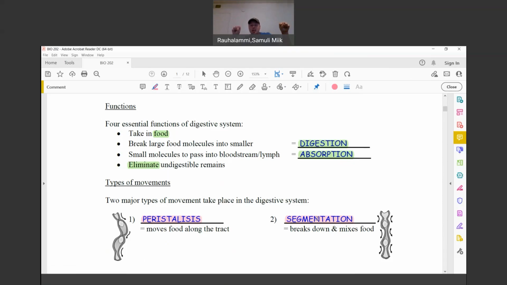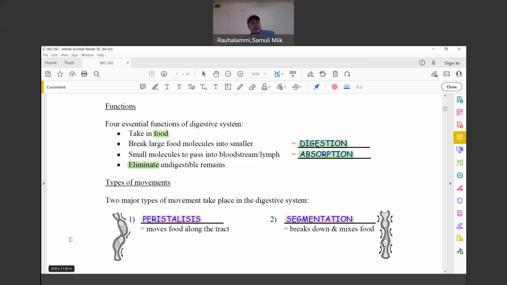So that contraction helps to squeeze some of that food, break some of that food within that tube and mix it with its immediate surroundings. However, segmentation really doesn't serve for passing food along that tract, because there's no coordination in those contractions as such. So I hope that helps with remembering those two types of movements.